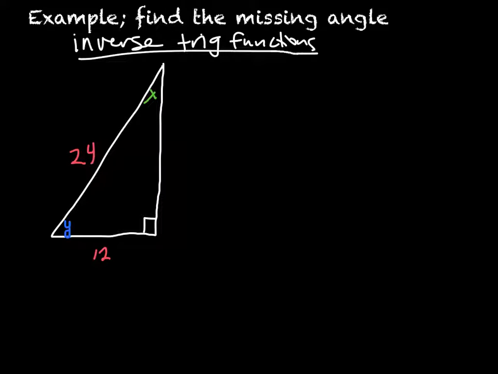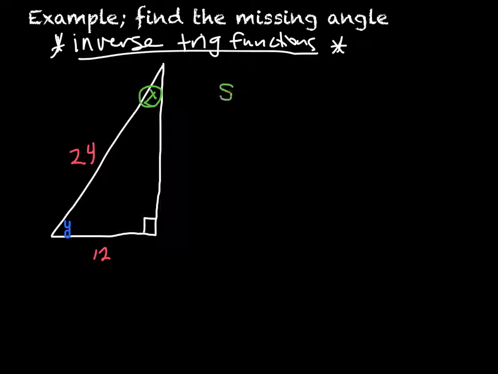Now to do that, all you have to do is hit the second key, and then you can go up and do the inverse, the opposite of the actual trig function. So the first thing I'm going to do is find x.